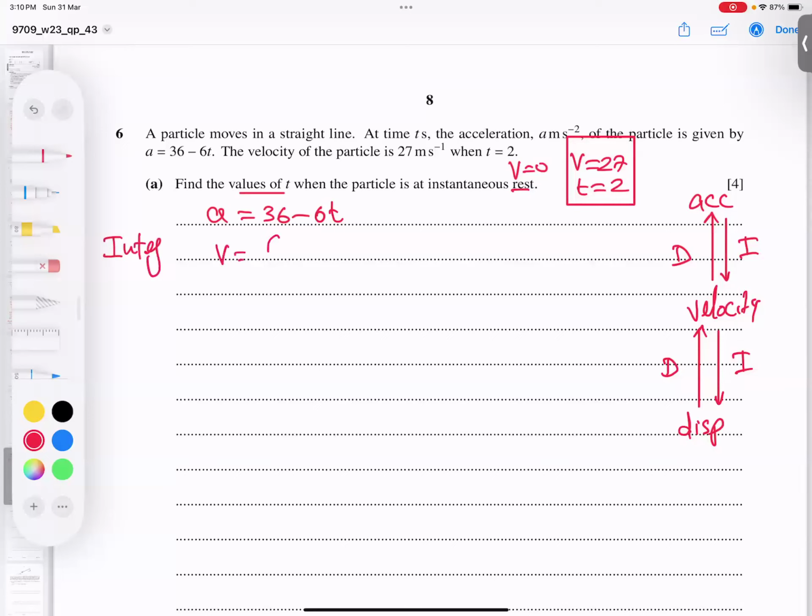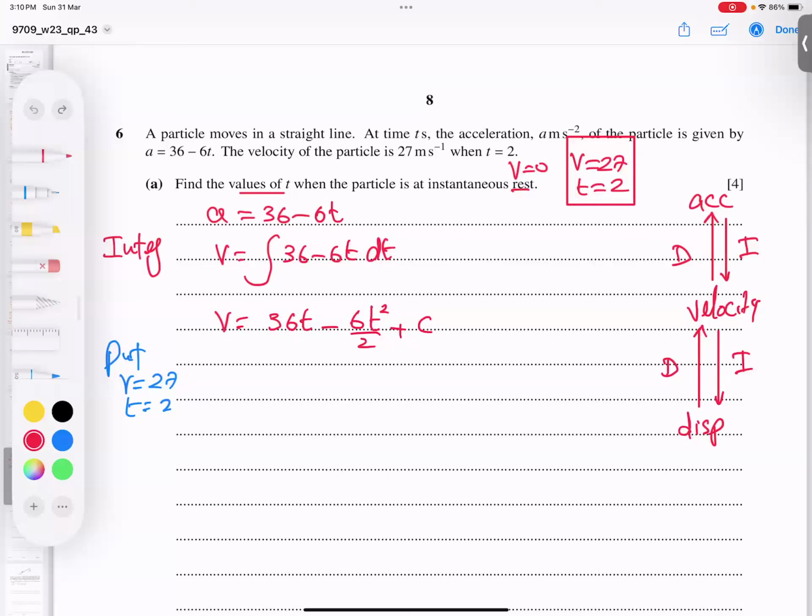I get velocity, integral of 36 minus 6t, and dt must be written. What is the rule of integration? 36 becomes 36t, and increase the power by 1 and divide by the same, plus c. Okay, now I will put this data: v is equal to 27 and time is equal to 2.